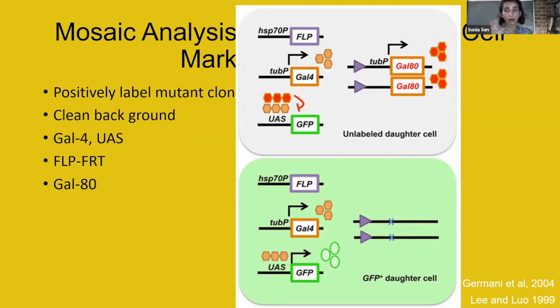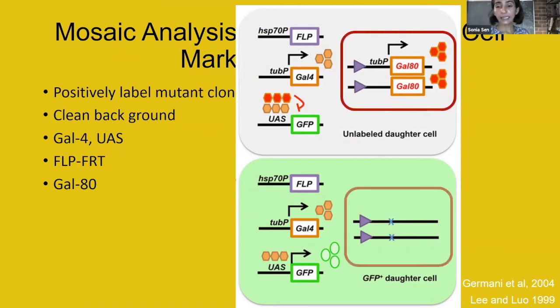Now, as a consequence, what you'll notice is that both the GAL80s have gone to this cell, leaving this cell free of GAL80. So can you imagine what would be happening to this cell? Any guesses? Expressing GFP. Exactly, it's lost GAL80, it's expressing GFP.